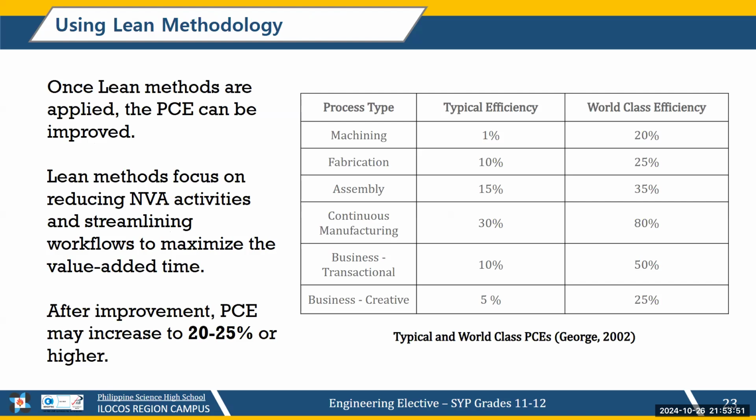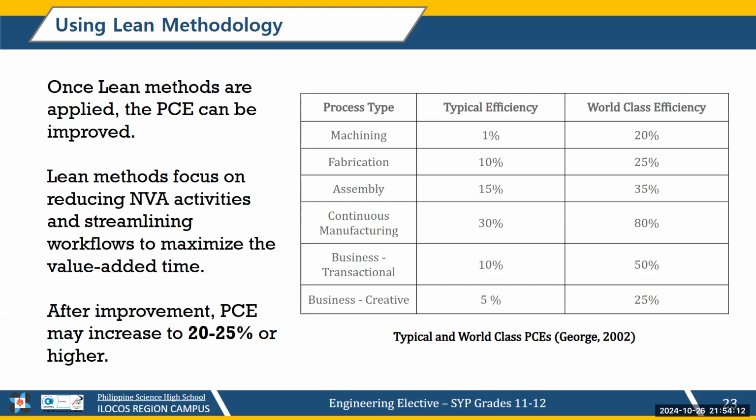But the good thing is, meron tayong lean methods. Once lean methods are applied, PCEs can be improved. Lean methods, again, focus on reducing NVA activities and streamlining workflows to maximize value-added time.